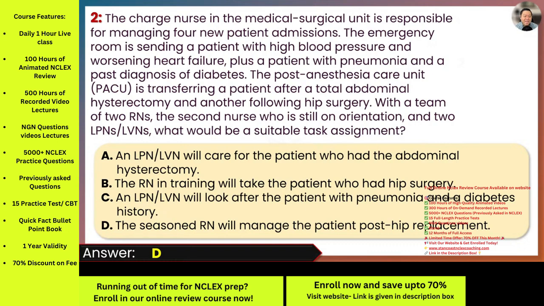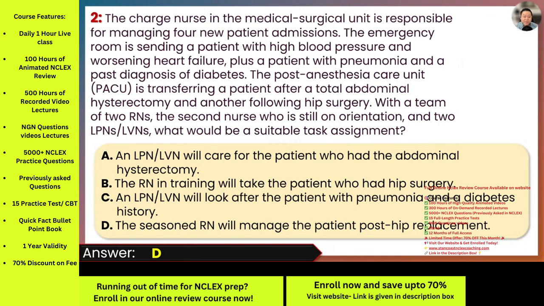Now, why is letter C also incorrect? It states an LPN LVN will look after the patient with pneumonia and a diabetes history. Well, pneumonia is an acute condition that can worsen quickly. It requires oxygen therapy and frequent monitoring. And diabetes complicates recovery.